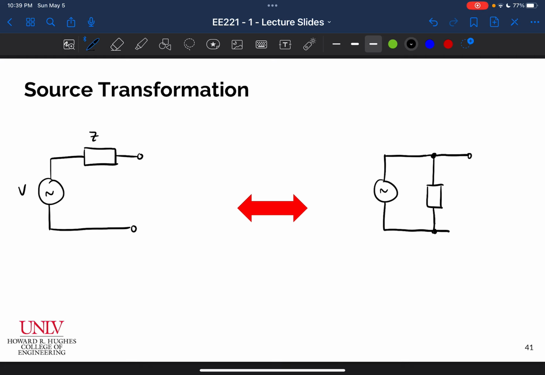Basically, we would get the same exact behavior looking this way in both circuits.